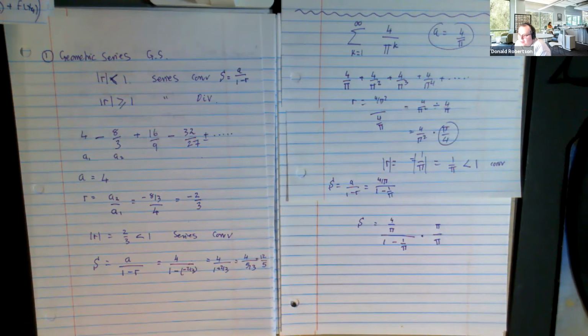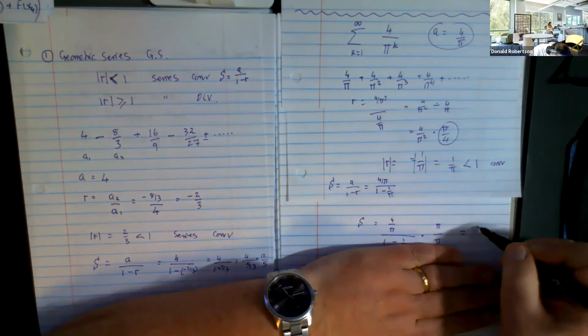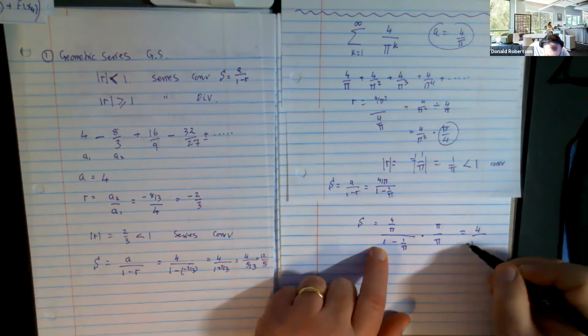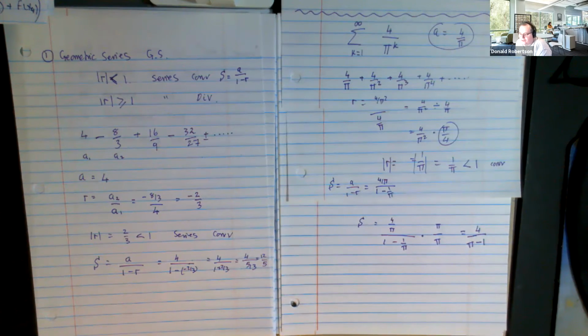But the special version of 1 I'm going to use is pi. And what that's going to do is 4 over pi times pi gets me 4. 1 times pi gets me pi. Would you agree that 4 over pi minus 1 is just much prettier looking? And so that's just a little bit of algebra to make it look good at the end.